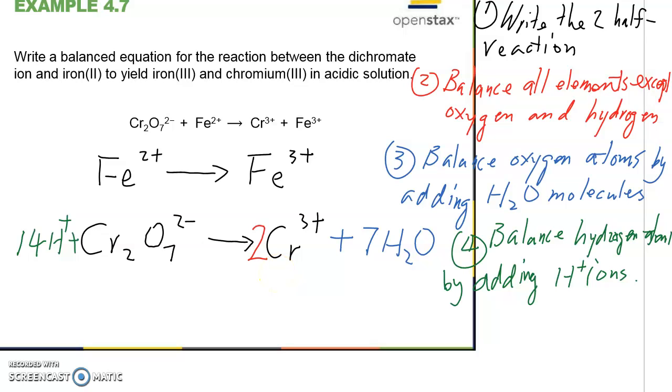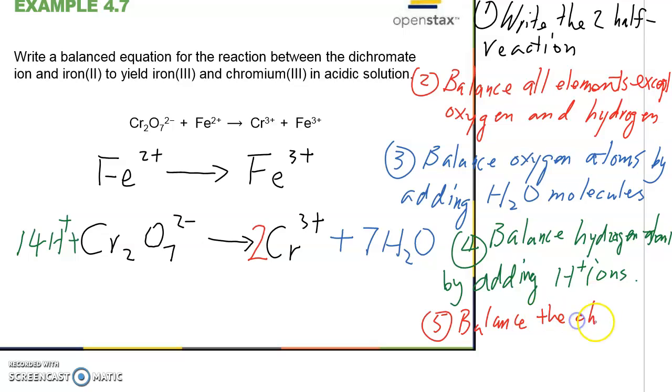So what is the next step? Let's get back to the other color. I like to pick the red color. Now the fifth step is to balance the charge by adding electrons.